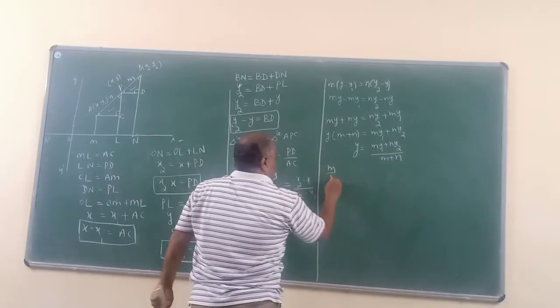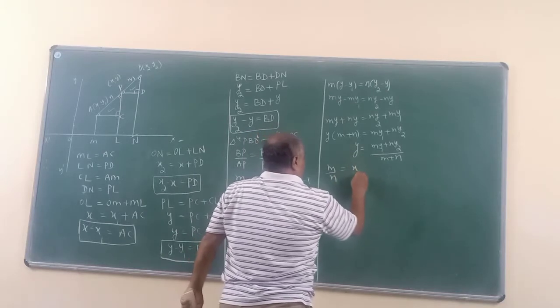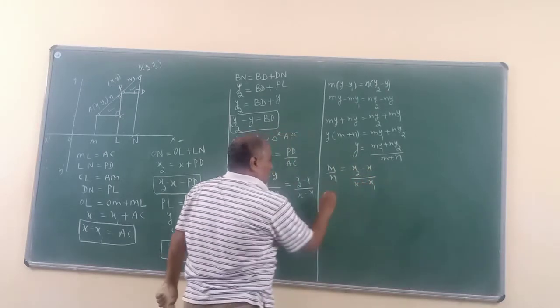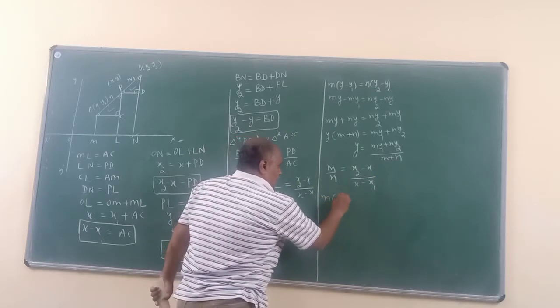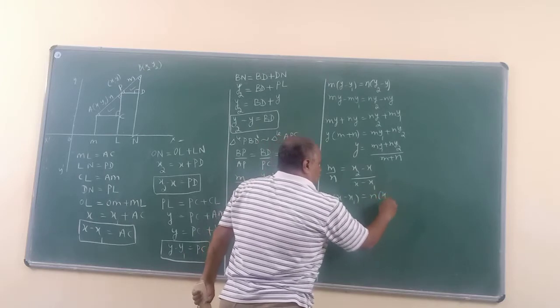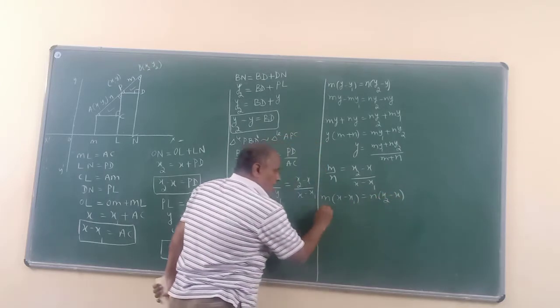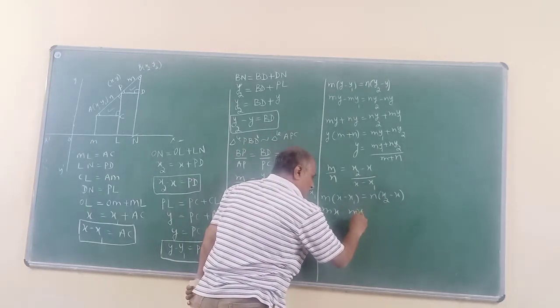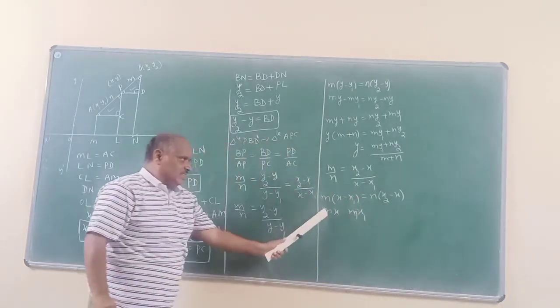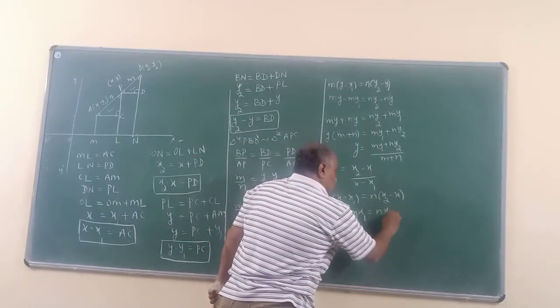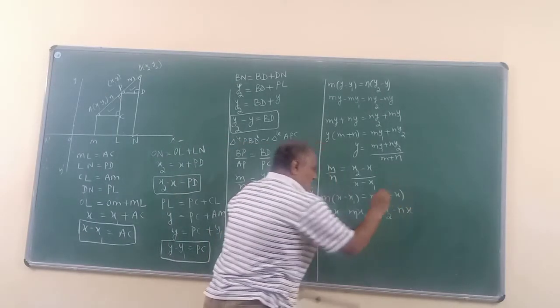m by n is equal to (x2 minus x) divided by (x minus x1). Cross multiply: m of (x minus x1) is equal to n of (x2 minus x). Multiply m into x is mx, m into x1 is mx1, equal to nx2 minus nx.